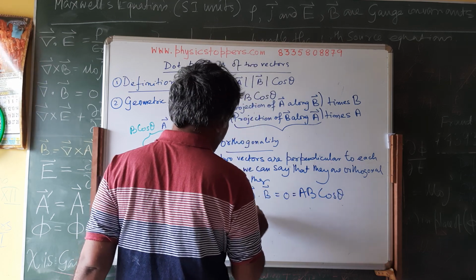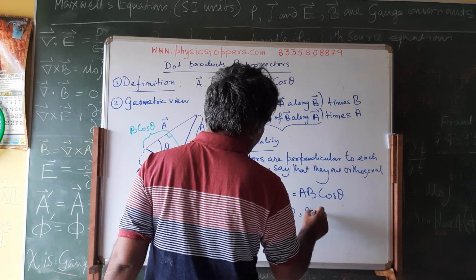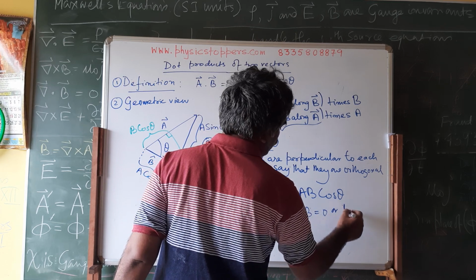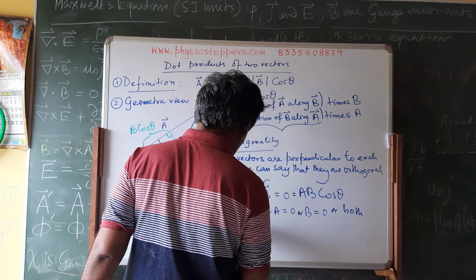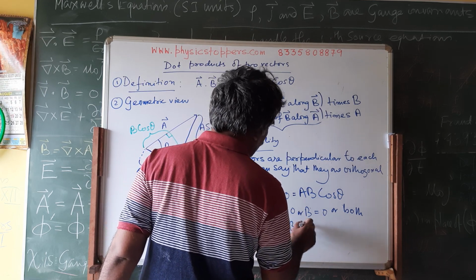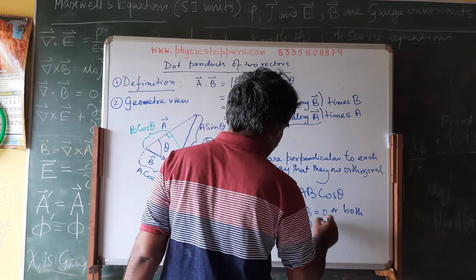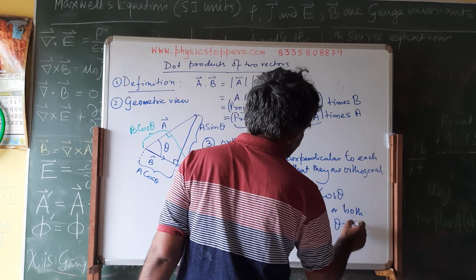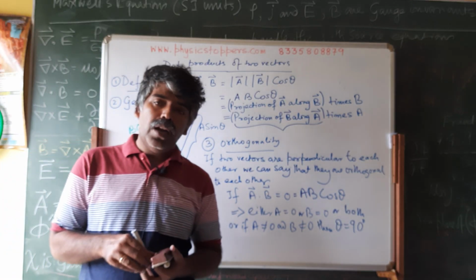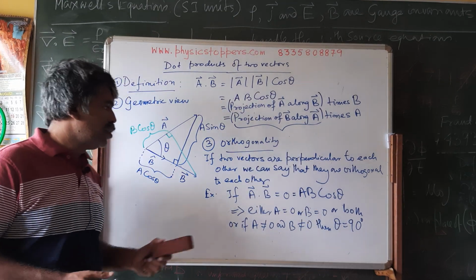This implies either A equals 0, B equals 0, or both, or if A not equal to 0 and B not equal to 0, so if they are not null vectors, non-zero vectors, then theta is equal to 90 degrees. So any two non-zero orthogonal vectors have a null dot product. That means the dot product will be 0. So this is the orthogonal property.